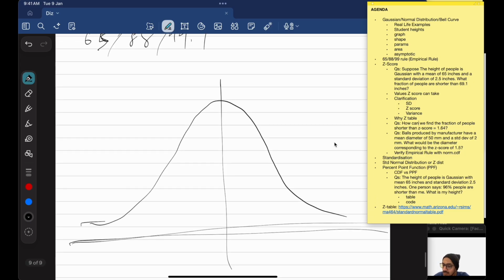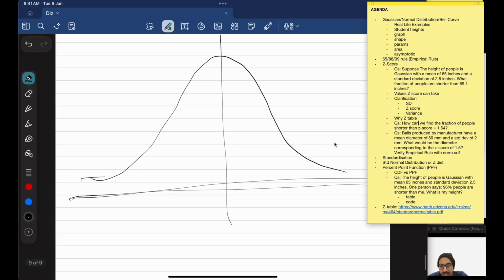What this says is, this is just an approximation. It's a handy tool for making quick estimates about what proportion of data is within these particular ranges.